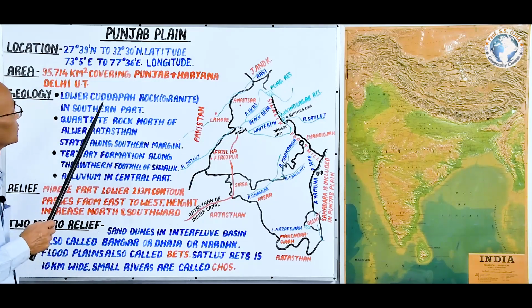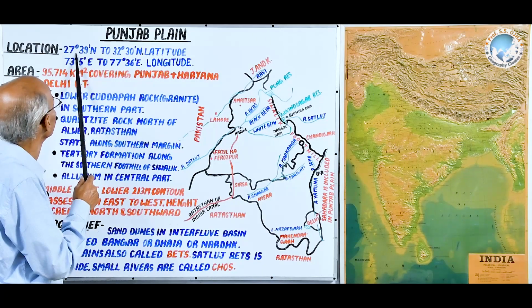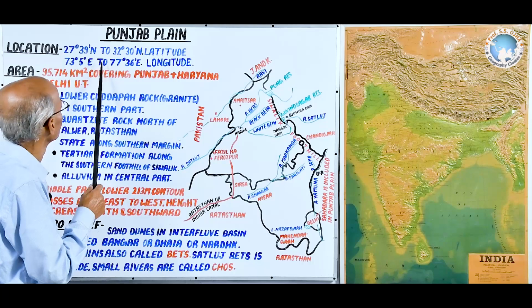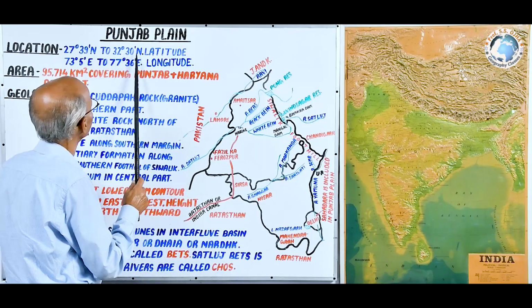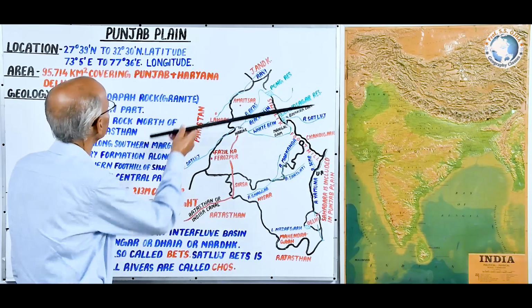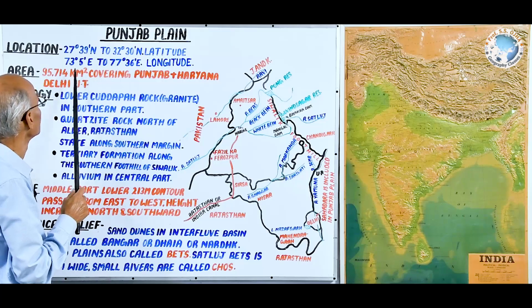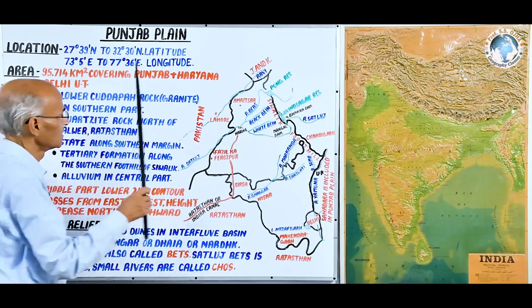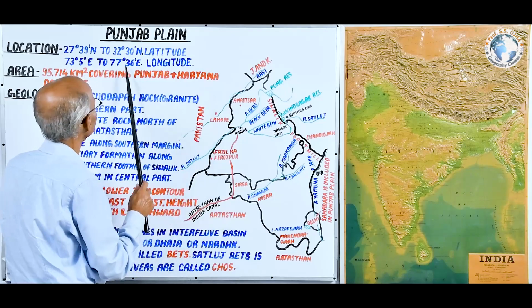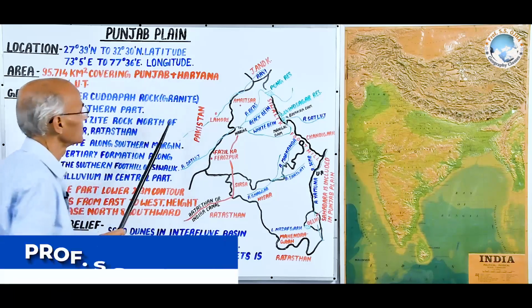Its astronomical location is from 27 degree 39 minute north latitude to 32 degree 30 minute north latitude, and its longitudinal extent starts from 73 degree 5 minute east longitude to 77 degree 36 minute east longitude.